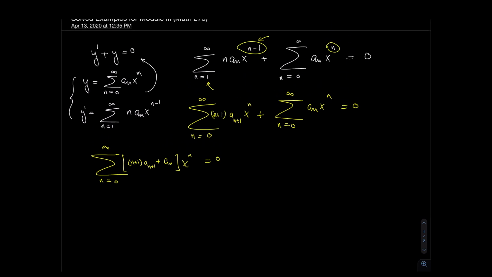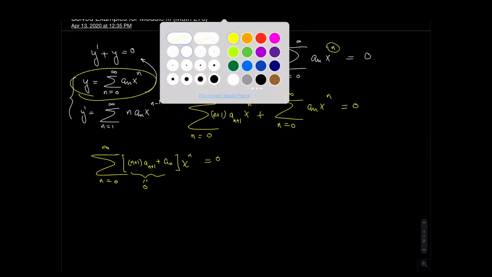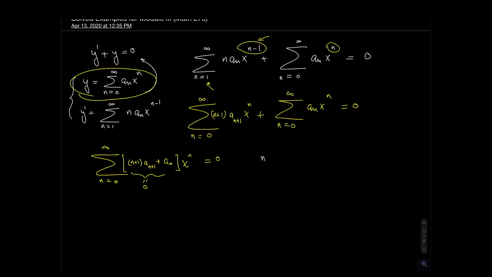Now the only way this power series could equal 0 is for the coefficient to be 0. There's the equation I need to find my constants. So I can just write n plus 1 times a_(n+1) plus a_n must equal 0.